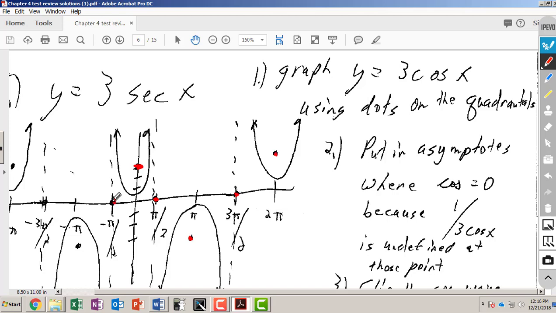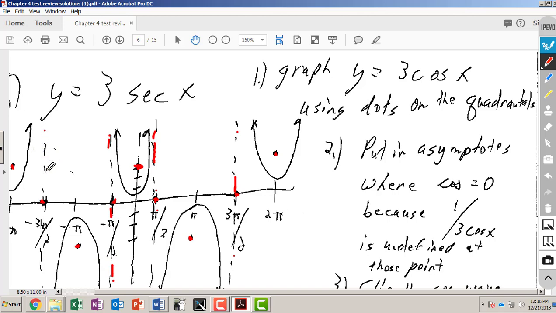And that's what my cosine graph would look like. Now, the mistake I did make is when I went to, well, first off, we'll put in our asymptotes. Every time you see a 0, you put in your asymptote. So notice there's an asymptote here, there's an asymptote here.